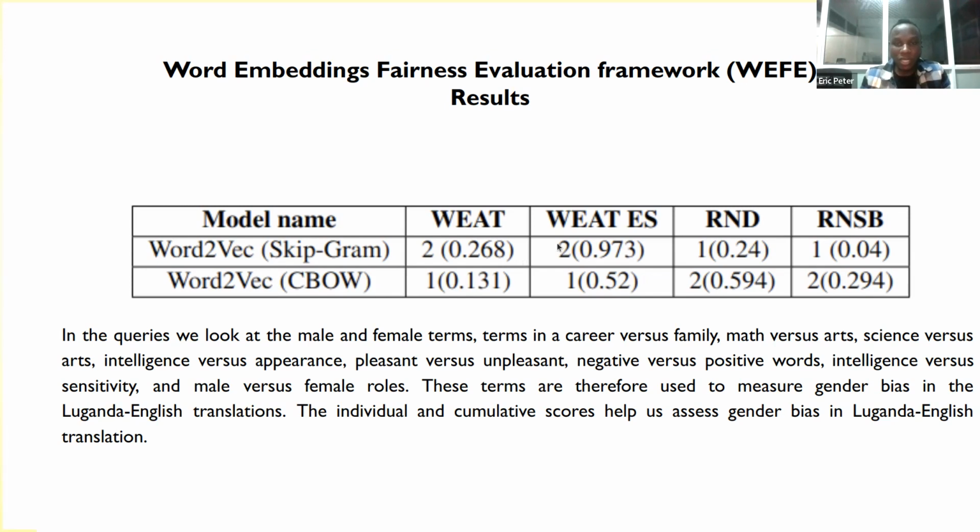Yeah, so as we can see, the results move from 0 to 100, of course, that is 100%. So we realize that all the WEATs with effect size, which looks at the association of terms and how far they are associated to each other, are very high for the skip-gram word embeddings still, and also for the continuous bag of words word embeddings.